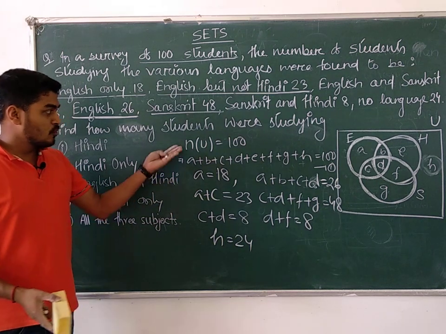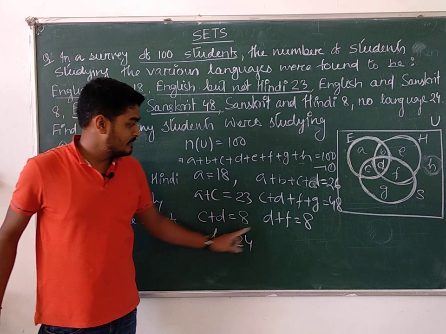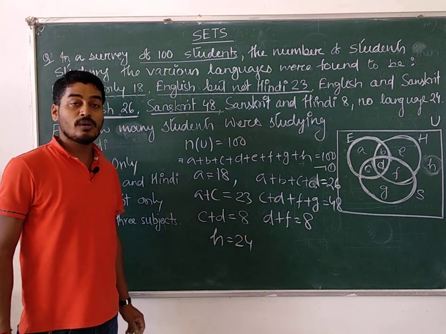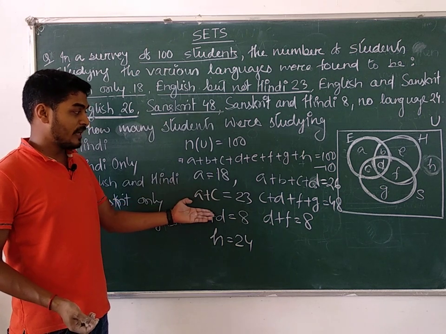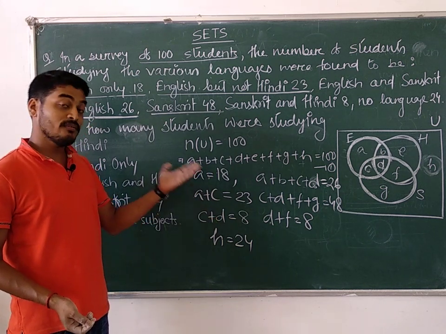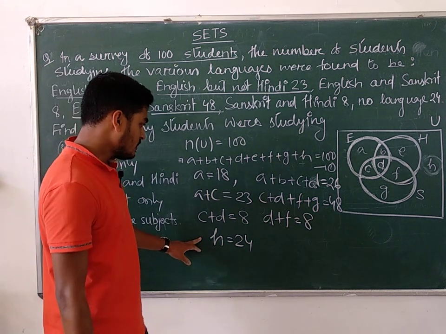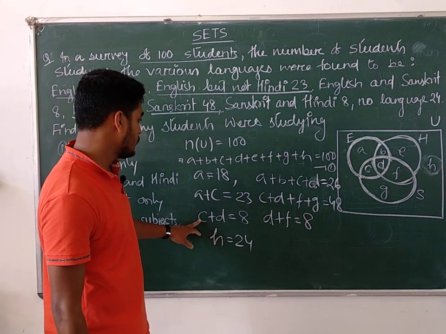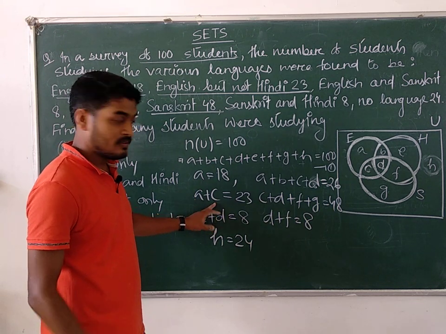So now listen, so many different equations you have got. 1, 2, 3, 4, 5, 6, 7, 8. 8 equations you have got. So putting different values of A, B, C, D, E, F, G and H, you will get the corresponding values. For example, simplifying this one, putting the value of A, you will get the value of C, 5.